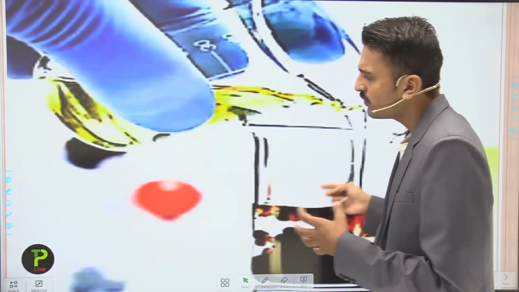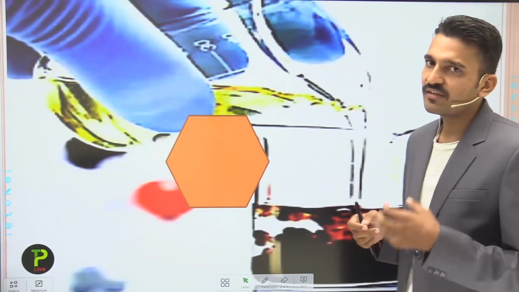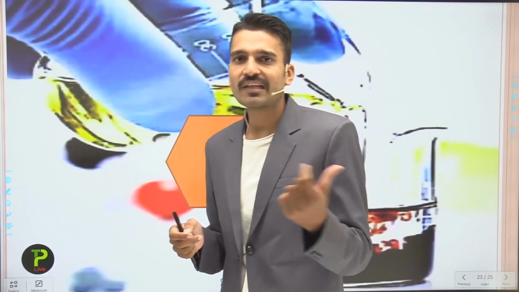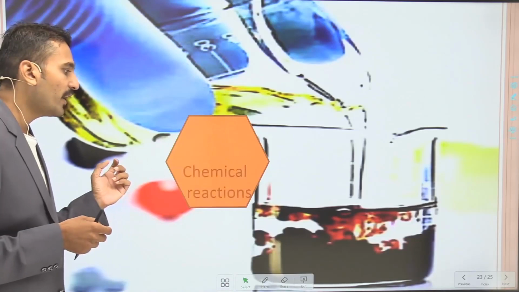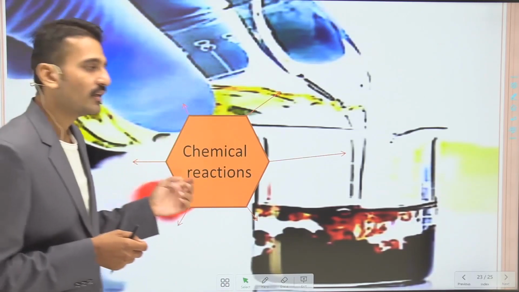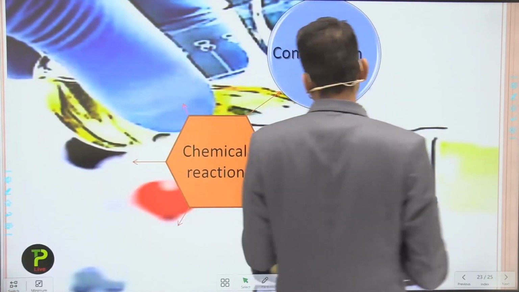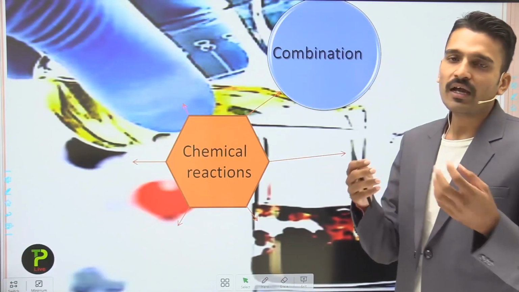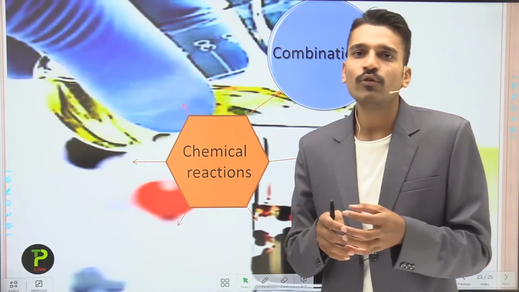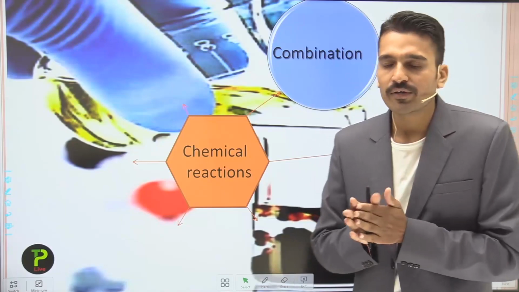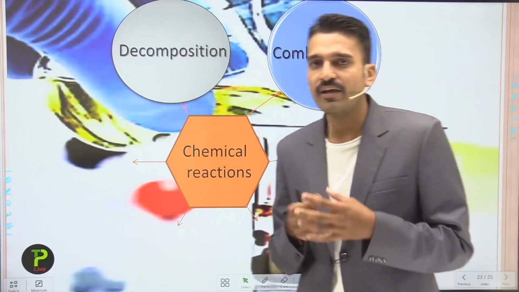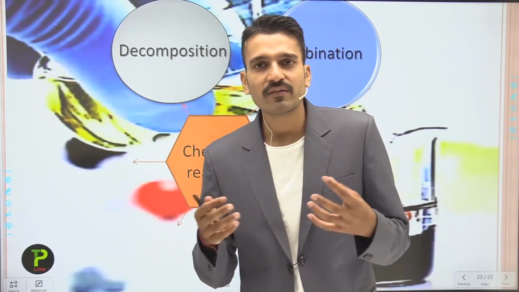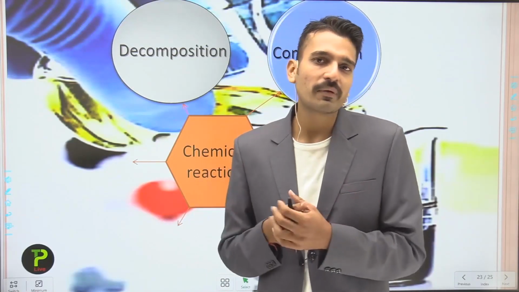So let us now summarize the types of reactions that we have studied from the previous lecture and in this lecture. So what are the types of chemical reactions? They are the combination reactions, in which the elements or the compounds combine to form a new product. The second category is decomposition reaction, in which a compound breaks down into two or more simpler substances.